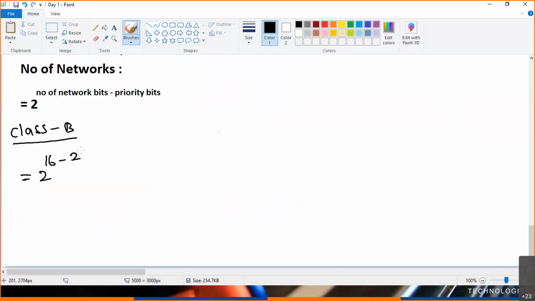What is the value of 2 power 14? 16384. So 16384 networks are available in class B. All networks are usable, no minus 2 here. The minus 2 is done in class A for global ID and loopback. Okay.